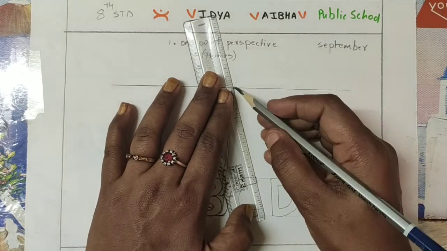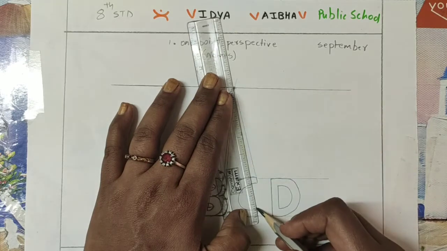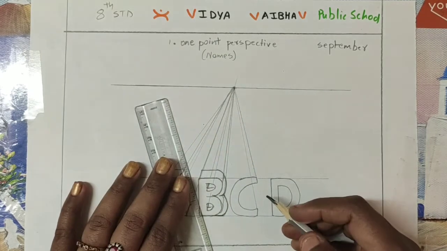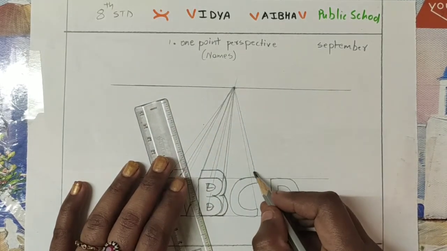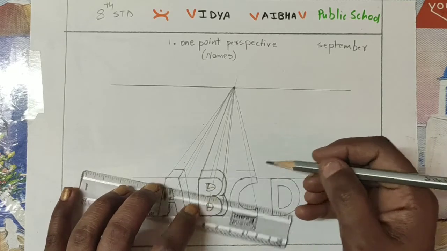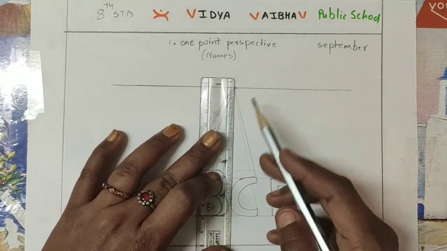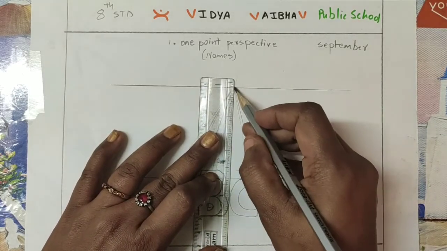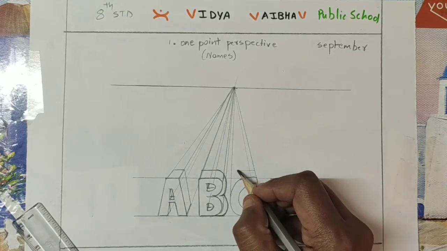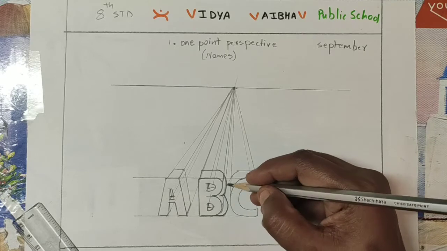And for C, again I'm connecting from one point to the other point. I'm connecting the stroke. I'm measuring the height and the width. Yes, this is how the stroke will move.